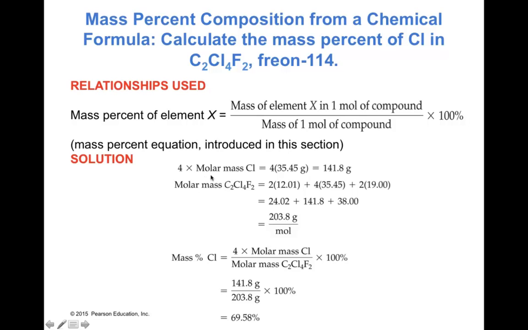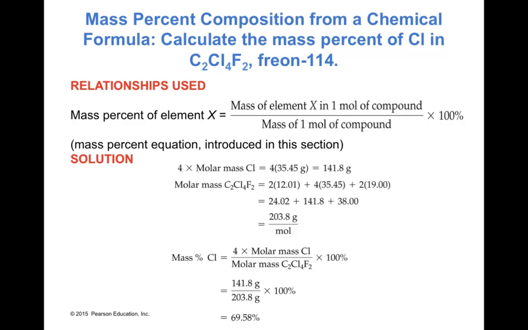And the molar mass of the compound would be 2 times the atomic molar mass of carbon, 4 times the molar mass of chlorine, and 2 times the molar mass of fluorine. So this is the amount of mass due to fluorine, this one due to chlorine, and this is due to carbon, and all of them will give us the molar mass of the compound, that is 203.8 grams.